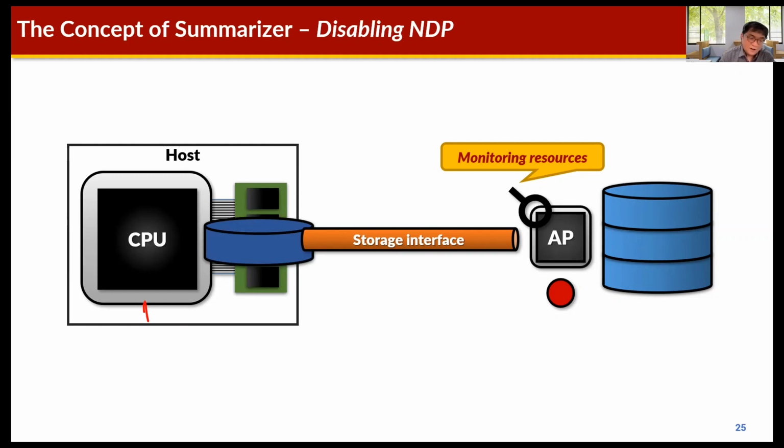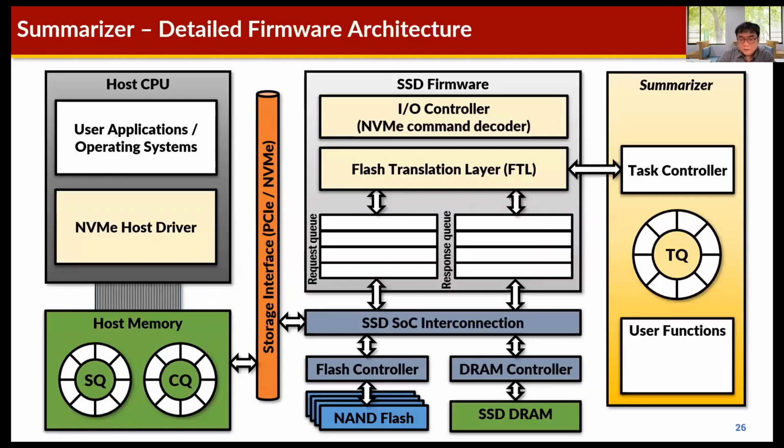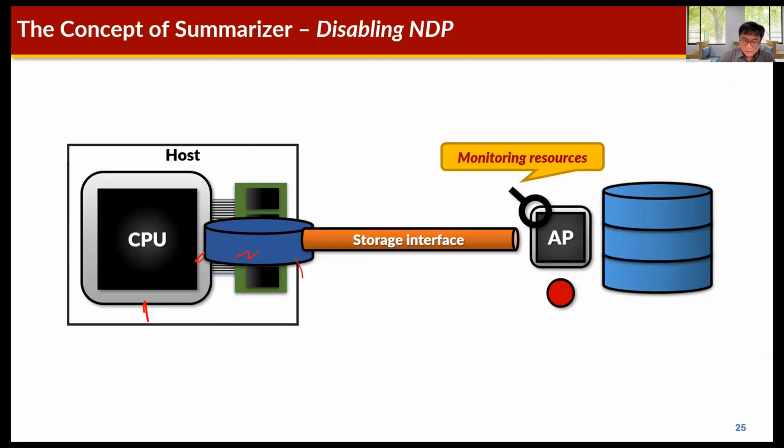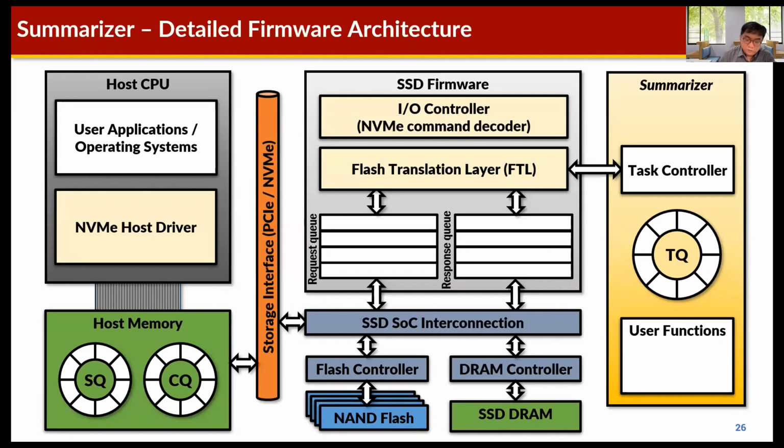That means the performance is very high. This large amount of data can be processed by these host CPUs. The data transfer time can be long, but we can exploit the high computation ability of the host CPUs. So this is the dynamic near data processing concept. And for this purpose, we apply the Summarizer framework inside.